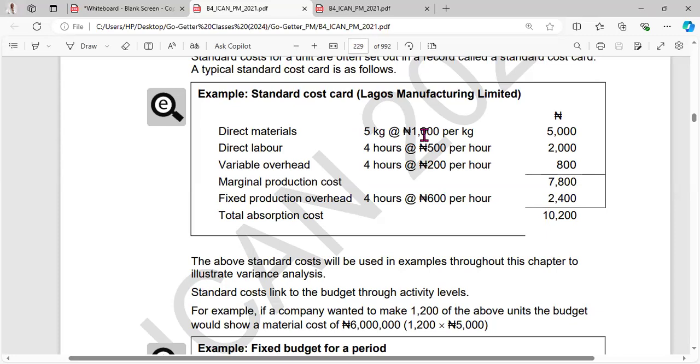Now, these are standard prices or costs per kg. These are standard costs of inputs. These are the standard inputs. These are the standard costs of the inputs. So this is the standard cost of the output.